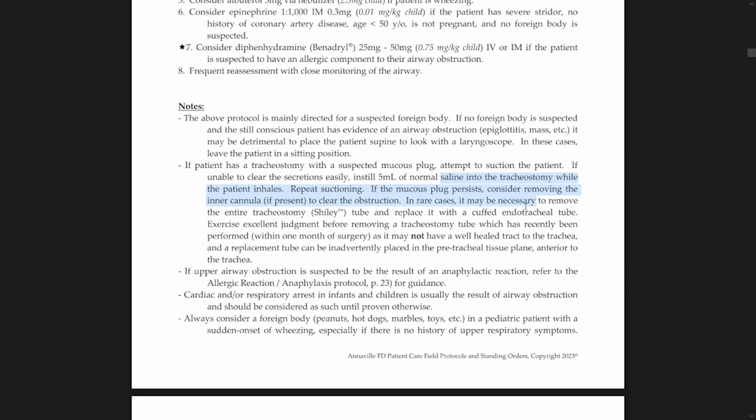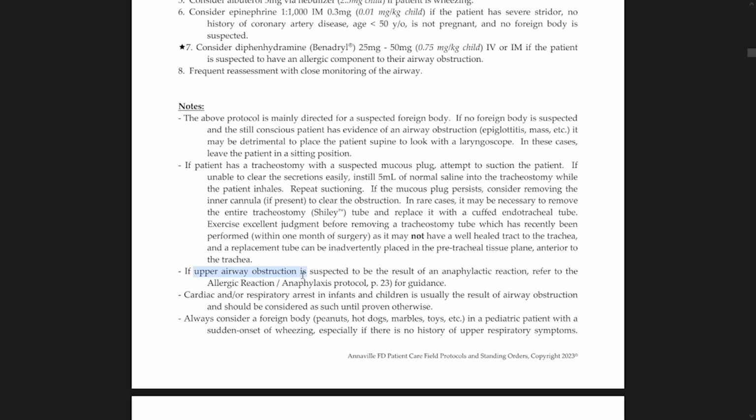In rare cases, it may be necessary to remove the entire tracheostomy, the Shiley tube, and replace it with a cuffed endotracheal tube. Exercise excellent judgment before removing a tracheostomy tube that has been placed recently, within 1 month of surgery, as it may not have a well-healed tract to the trachea, and a replacement tube can be inadvertently placed in the pretracheal tissue plane anterior to the trachea.